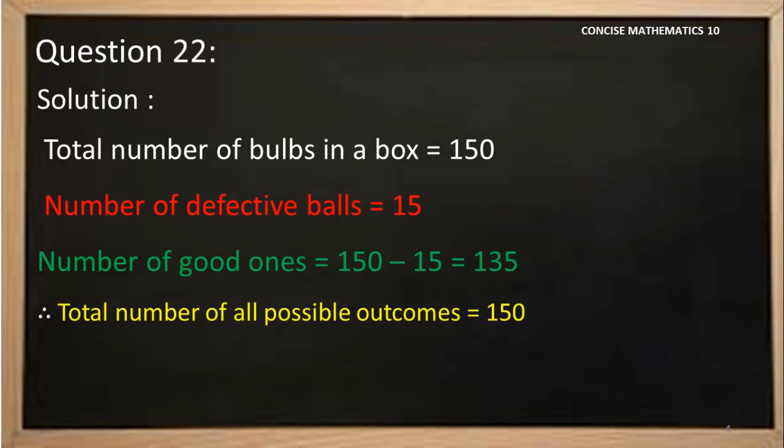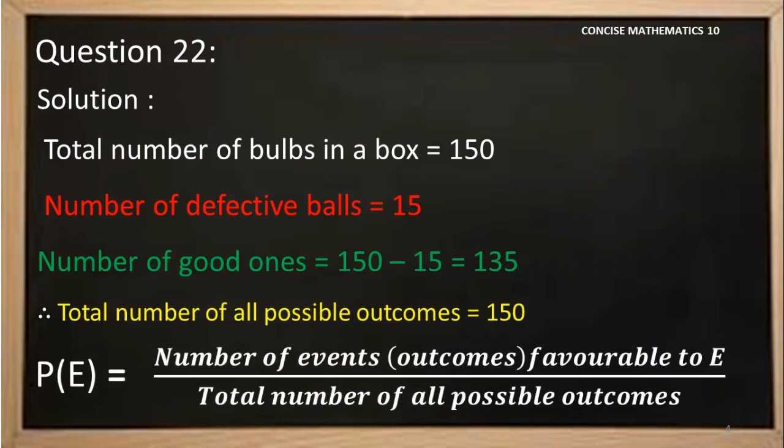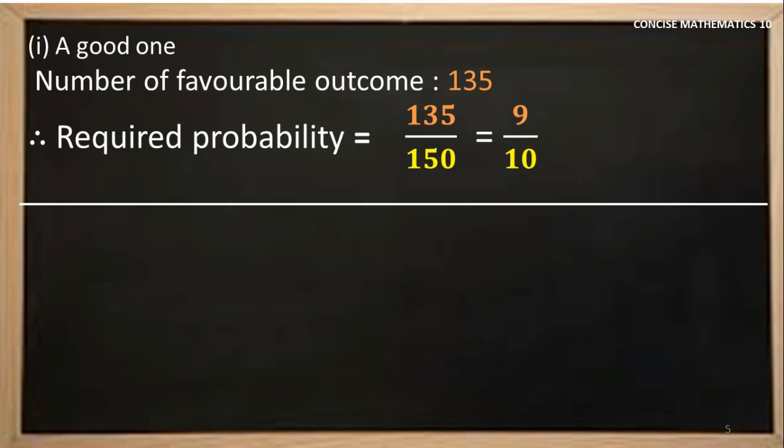As the total number of bulbs is 150, total number of all possible outcomes is also equal to 150. The first question is, calculate the probability that the bulb taken out is a good one. How many good ones are there, children? 135. Hence the probability is 135 by 150, which is equal to 9 by 10.